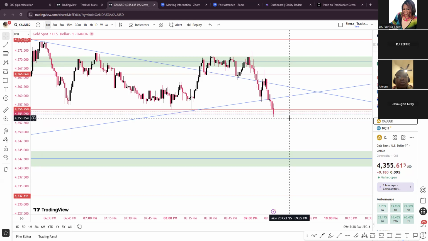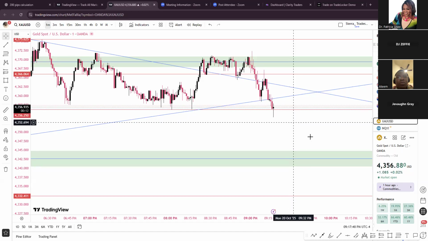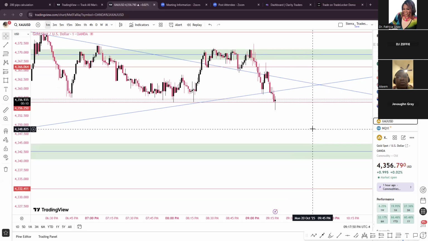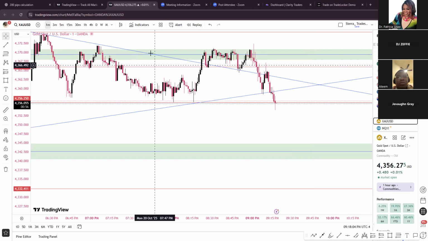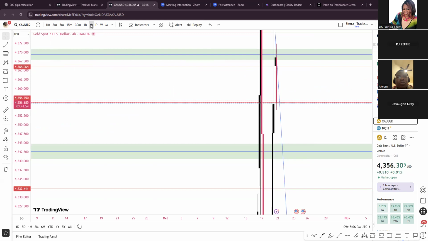On my broker, price hasn't broken it yet. My 4-hour low even looks different.